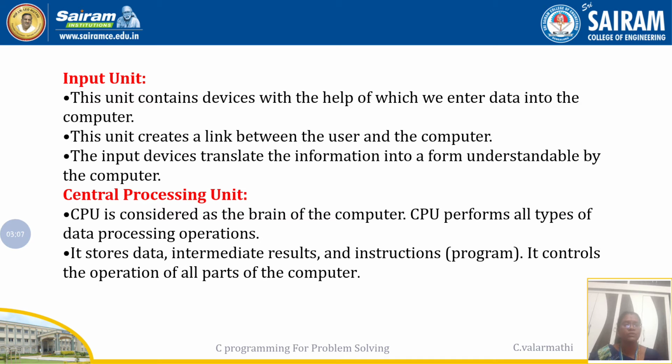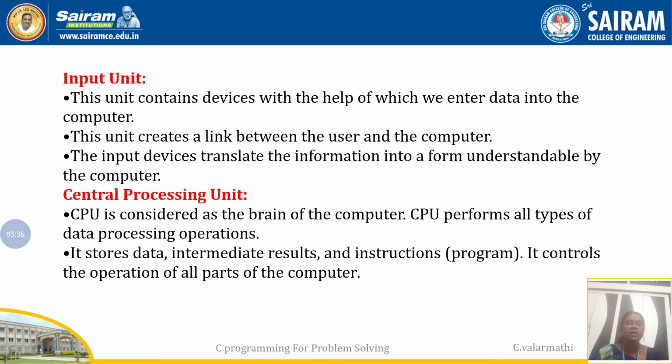The paragraph you are typing will be taken from the input unit, stored and processed in the central processing unit, and using a monitor it will be displayed on the monitor screen. So this is the simple process. This input unit initiates the processing of the computer. That's why it acts as a link between the user and the computer, right?